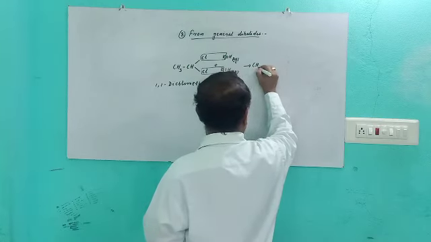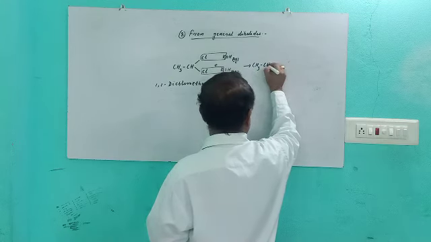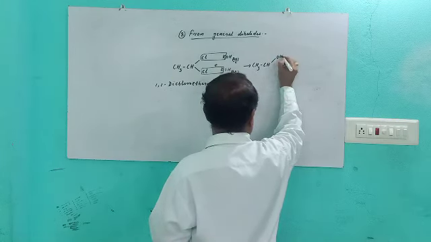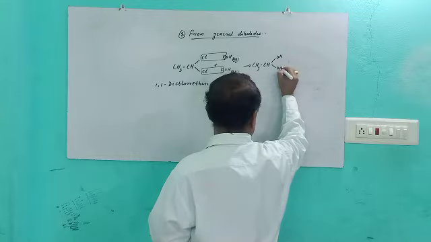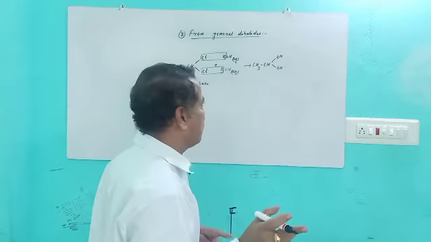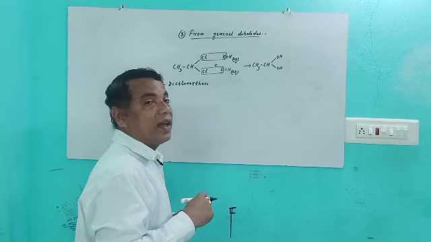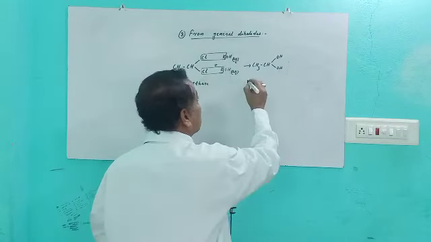So CH3-CH(OH)2 is formed. Here two hydroxyl groups are directly linked to the carbon atom, so it is an unstable compound.